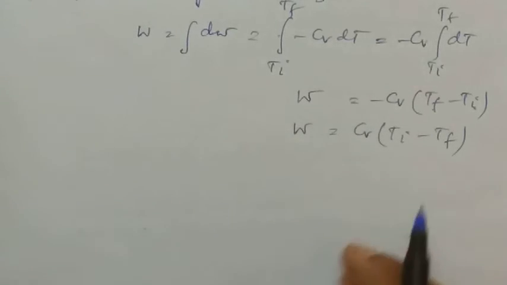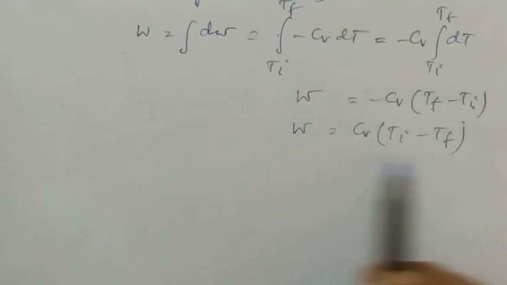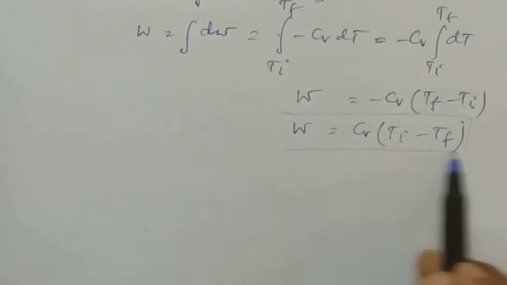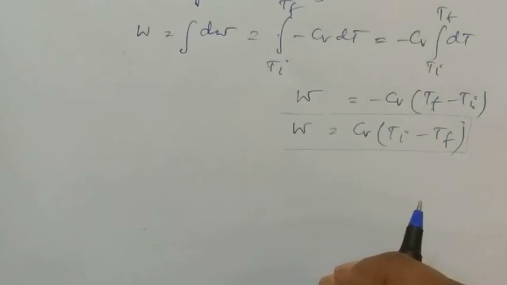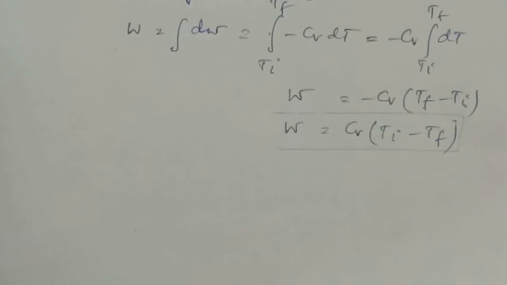We can write various forms of this equation. This is the main equation. The general equation that we are going to keep in mind is w is equal to R by gamma minus 1 into Ti minus Tf. So instead of Cv, we are going to replace it with R by gamma minus 1. Now from where does this relation arise?